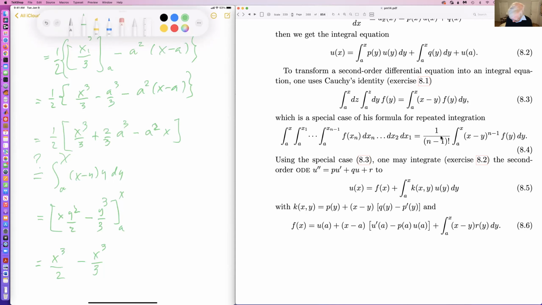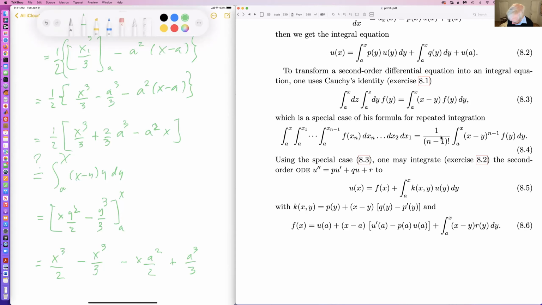Minus, now I'm a little confused here. Yeah, this is a little bit confusing. This is minus x a squared over 2 plus a cubed over 3.